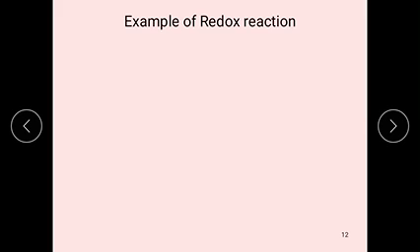An example of a redox reaction: zinc, whenever it loses two electrons, converts into zinc plus 2. Then it is an oxidation reaction. Already we discussed that the process of removal of an electron from an atom is called oxidation.